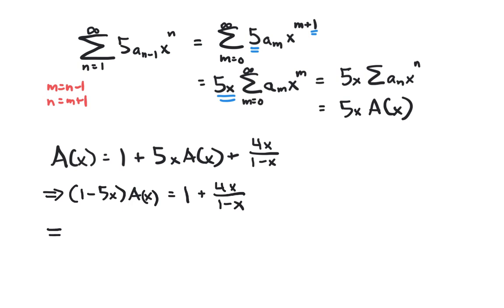And if we just want to solve for A(x), I'll write it like this: A(x) is 1 over 1 minus 5x, plus 4x over (1 minus x) times (1 minus 5x), just dividing everything by 1 minus 5x. So we have a nice expression for our generating function here.